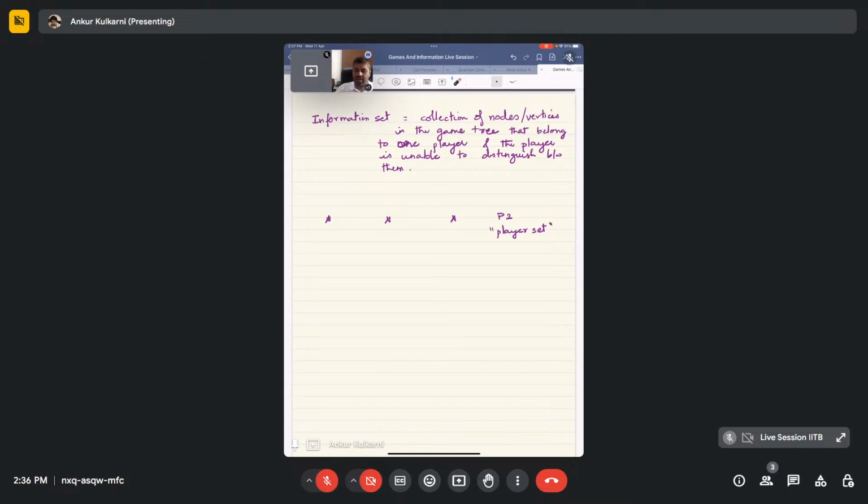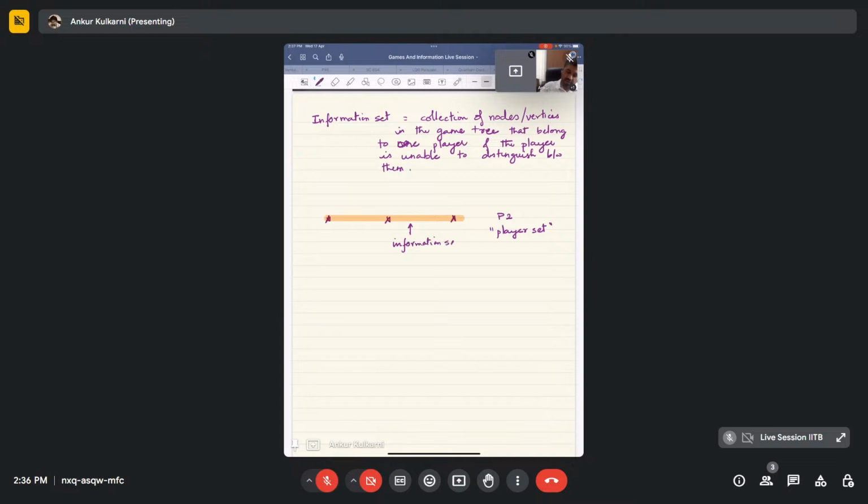All he can say is that he is at one of these three. In that case, we put all of them into one information set. So this orange thing is what is called an information set.